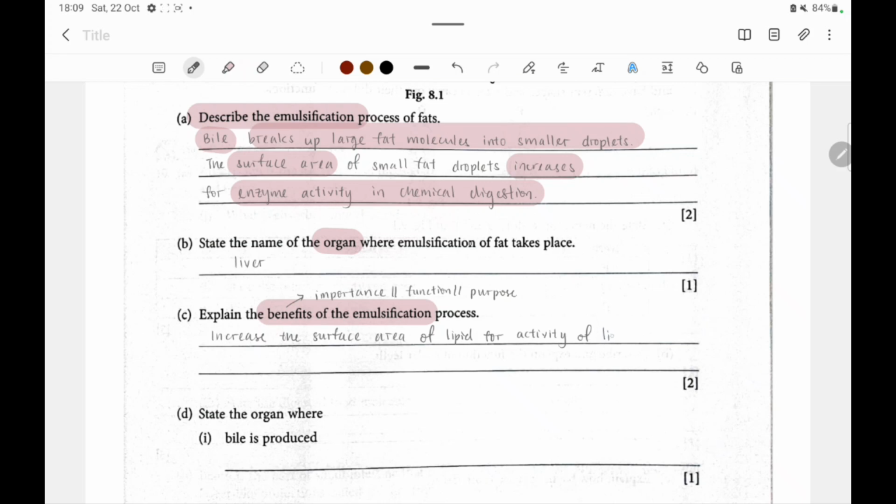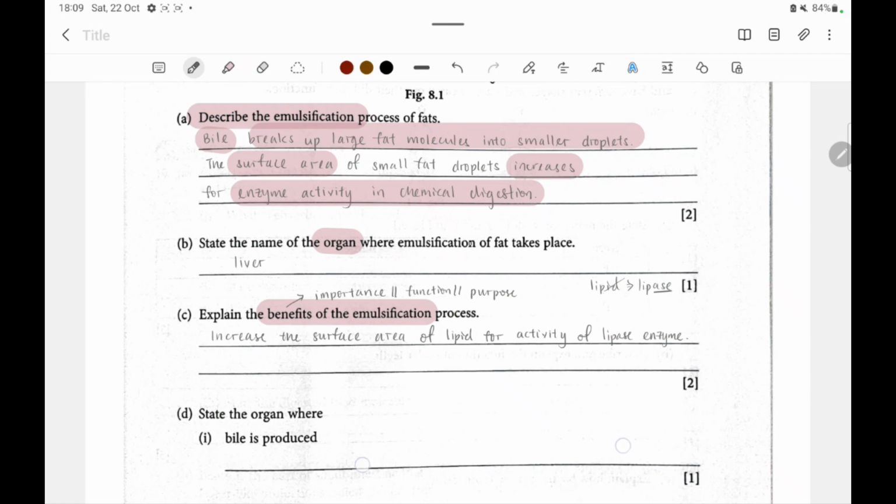Lipase. So lipase enzyme. So how to actually find the name of the enzyme? Actually this one we already learned in chapter 5. So lipid, we take out the last 2 alphabet and then we replace it to lipase, ASE. Just like that.